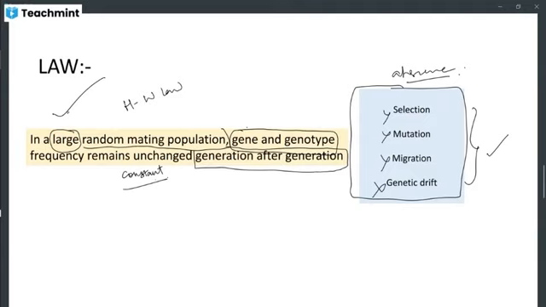So you should not apply any selection, and there should be no mutation, no migration, and no genetic or random drift in your population.